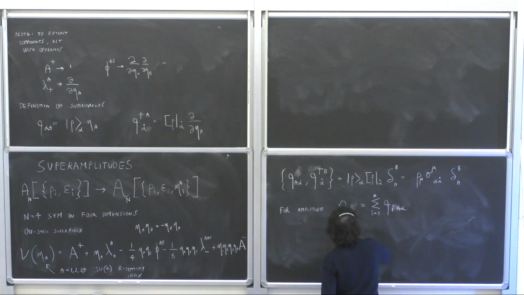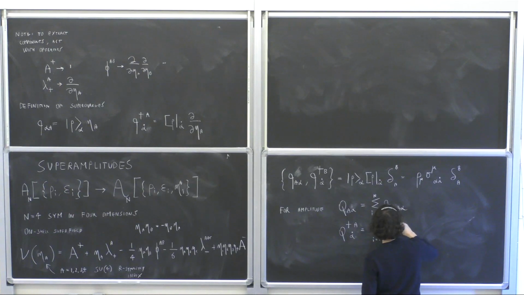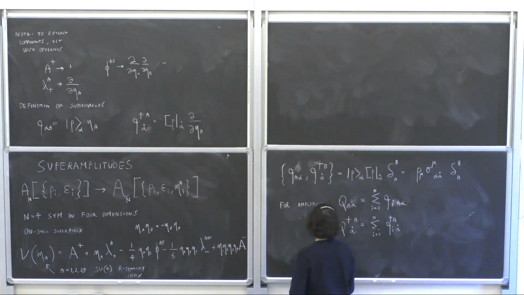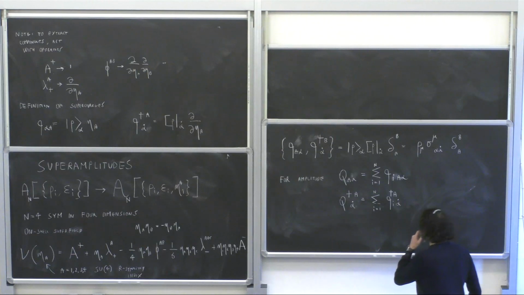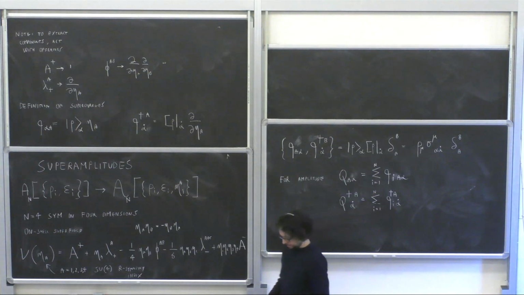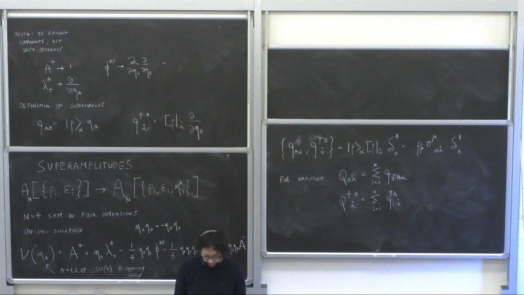Same thing for this. Okay. This being the difference between the one particle states and the collection of asymptotic states which characterizes the amplitude. Okay, questions about this setup?